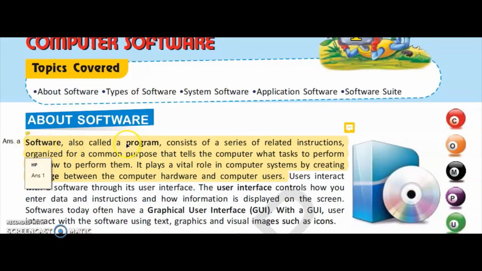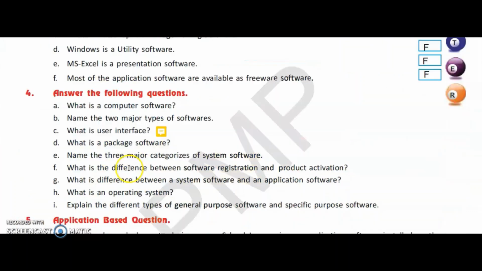Software, also called a program, consists of a series of related instructions organized for a common purpose that tells the computer what tasks to perform and how to perform them. It plays a vital role in computer systems by creating a bridge between the computer hardware and the computer user.